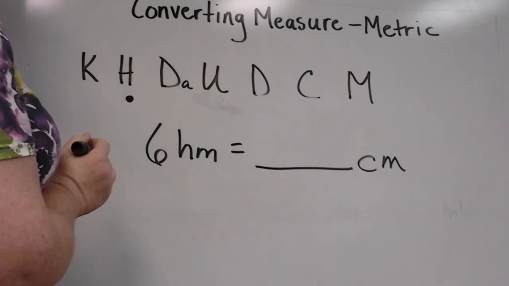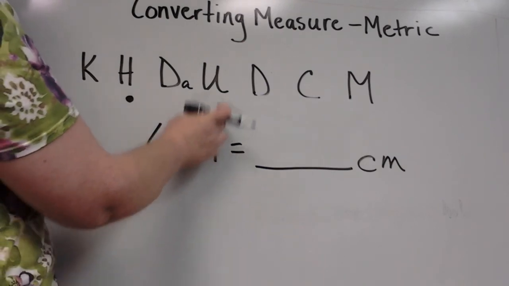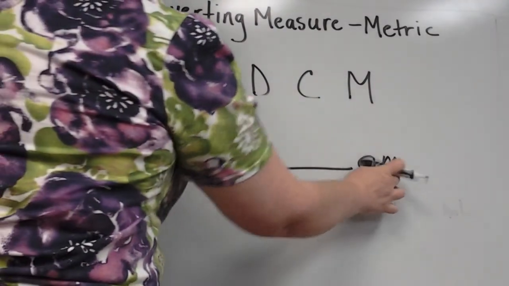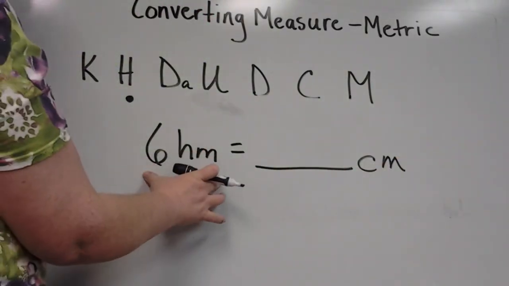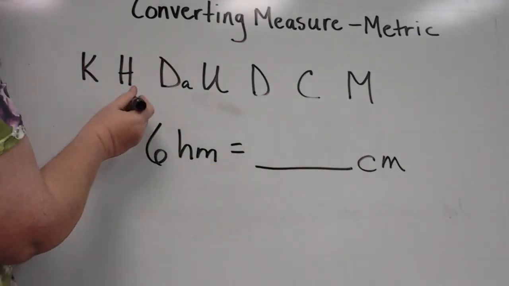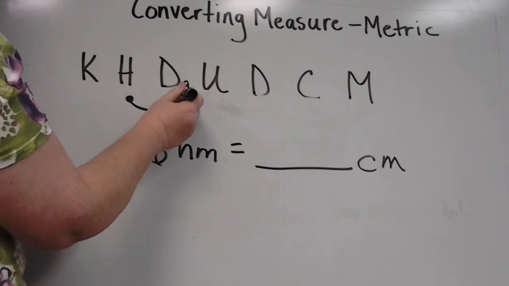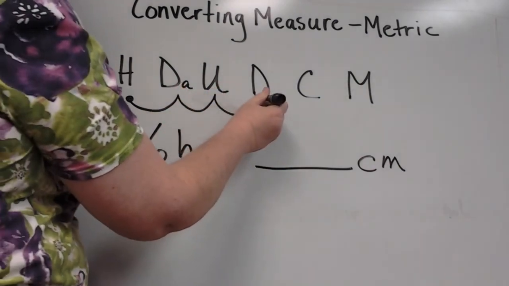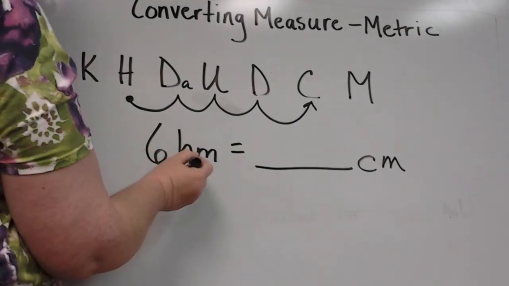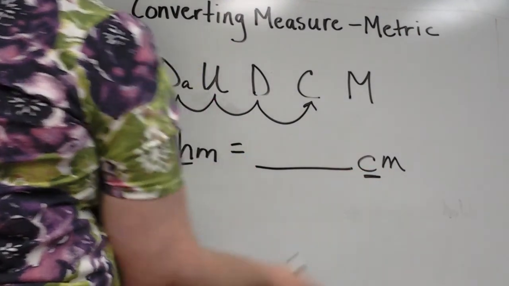So we're going to start right there. We know this is meters. Okay? And we want to go to centimeters because we want to find out how many centimeters 6 hectometers is. So we're going to move and count. 1, 2, 3, 4 till we get to centi.